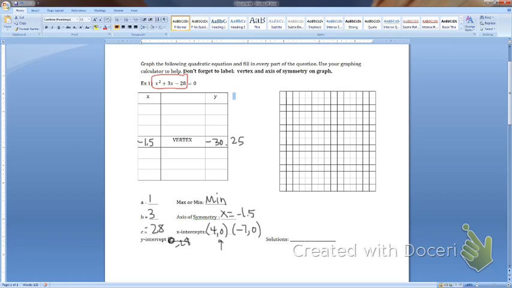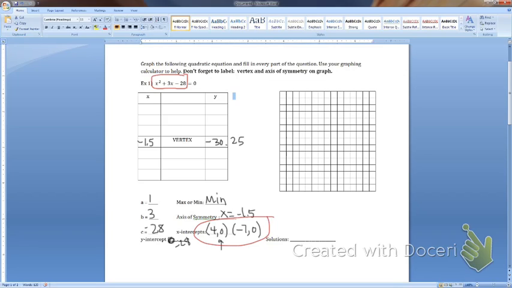Right, you can't really see where the vertex is. But if we look at our graph, guys, do you see at 4 and -7 on my x-axis that the graph is touching the x-axis? Remember, that's because that's where my x-intercepts are. That's what we found here. So it should cross our graph at 4 and -7.